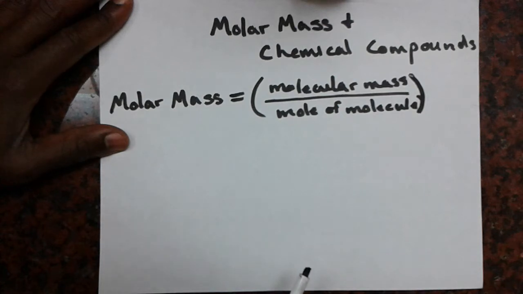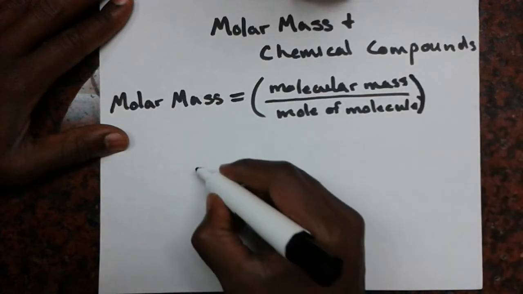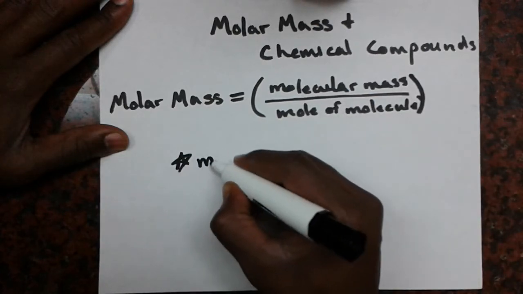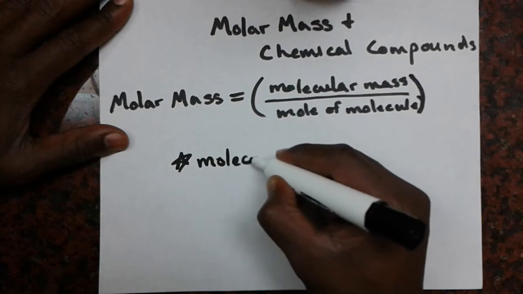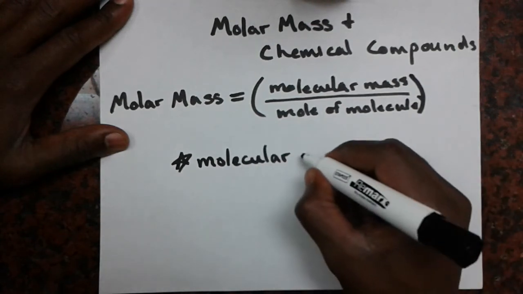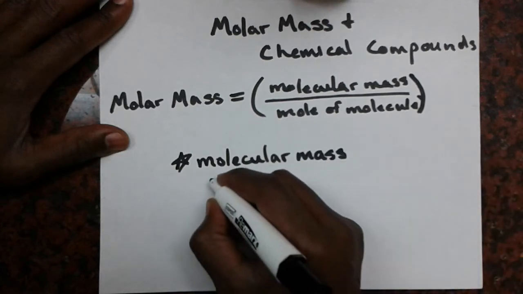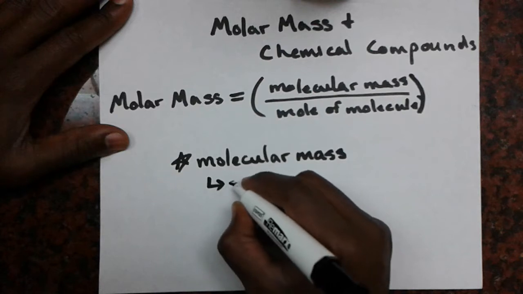Okay, so this is really nothing more than what we've encountered when calculating the atomic mass. As a matter of fact, the molecular mass can be obtained by adding the mass of all the atoms within the molecule.